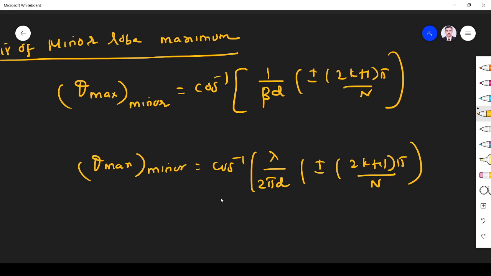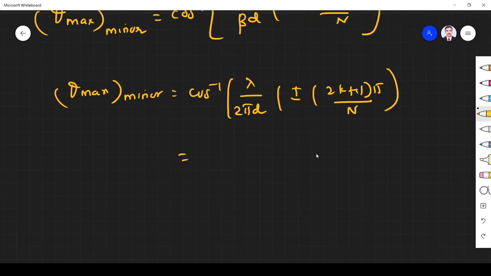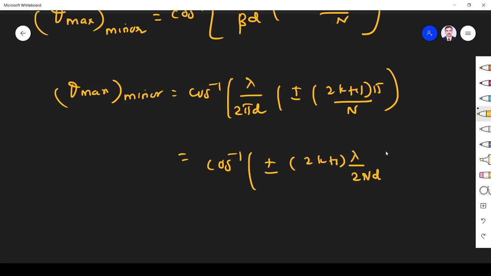Simplify this, and what you get is cos inverse of plus or minus (2k plus 1) lambda by 2nd. So this is the theta max minor.